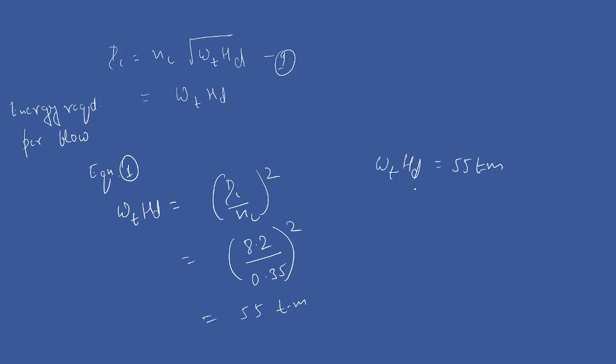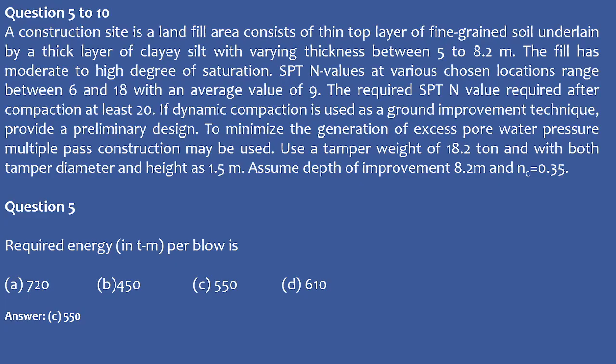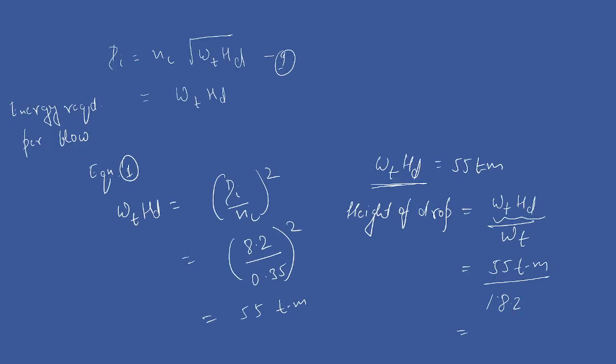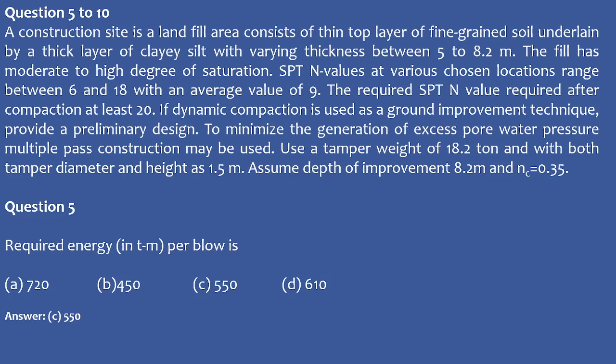If you want to calculate the height of drop, you just need to divide this expression by the weight of tamper. The corresponding value we know is 55 ton meter, and the tamper weight is given as 18.2 ton.